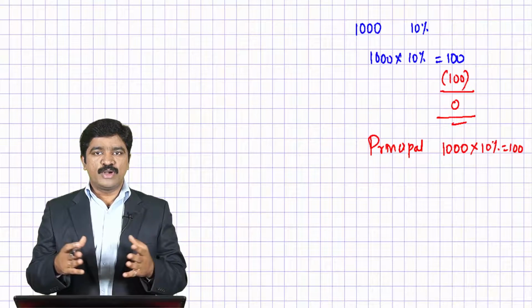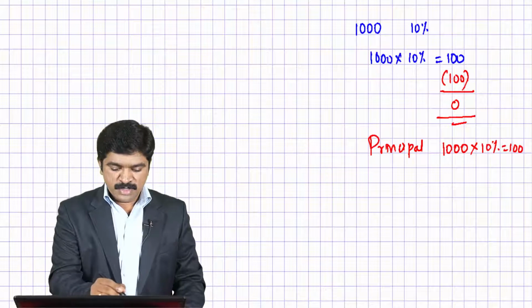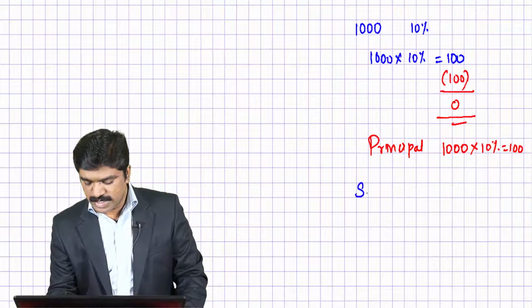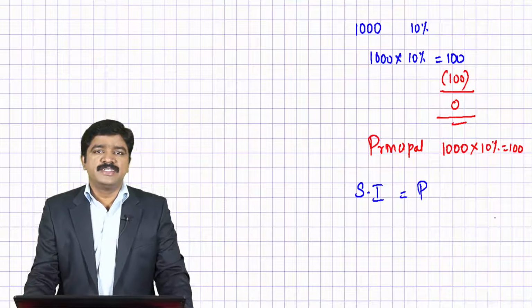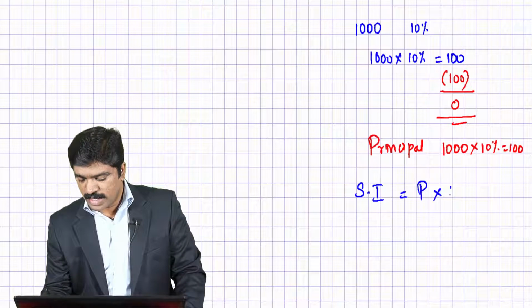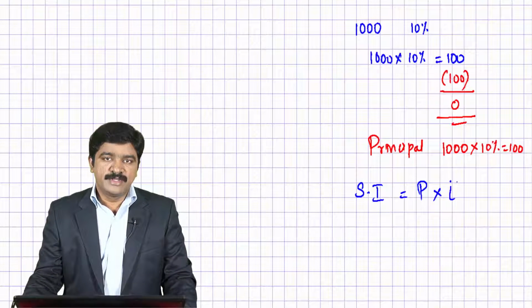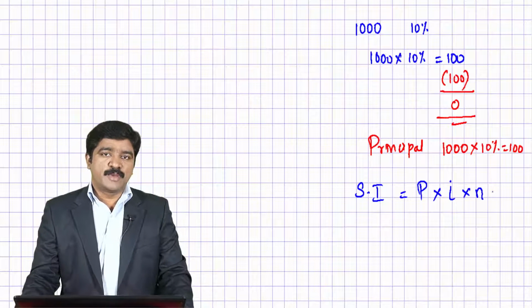And if I want to express this as a formula, it is very simple. Simple interest, SI, is equal to principal, which is referred by P, into I, which stands for interest rate, into N. N represents the number of period.